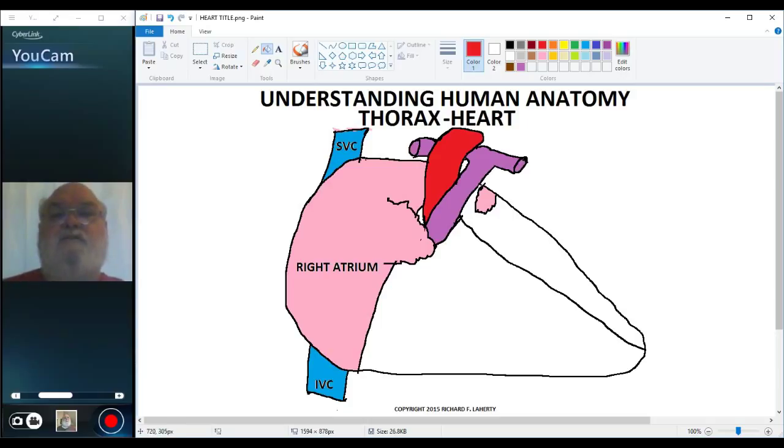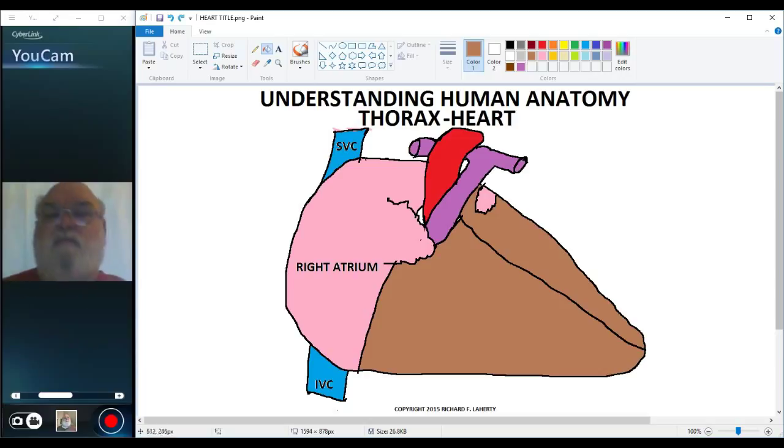Down onto the ventricles, let me color the ventricles in a brown. So we can distinguish the various areas.